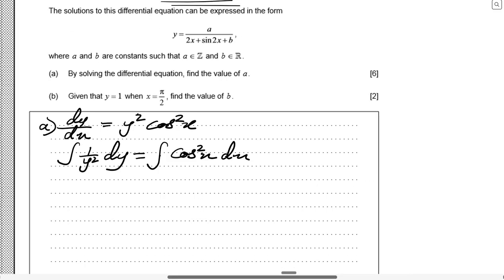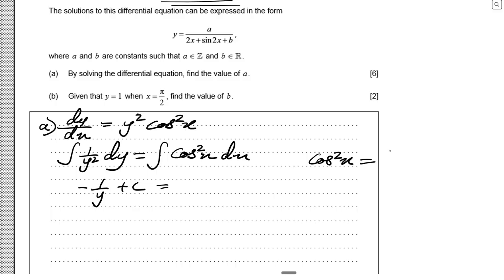And so we have negative 1 over y, I believe, plus c is equal to, and you can work this out, of course, but after doing so many of these, you sort of understand. And cos square x, we need to find an identity.